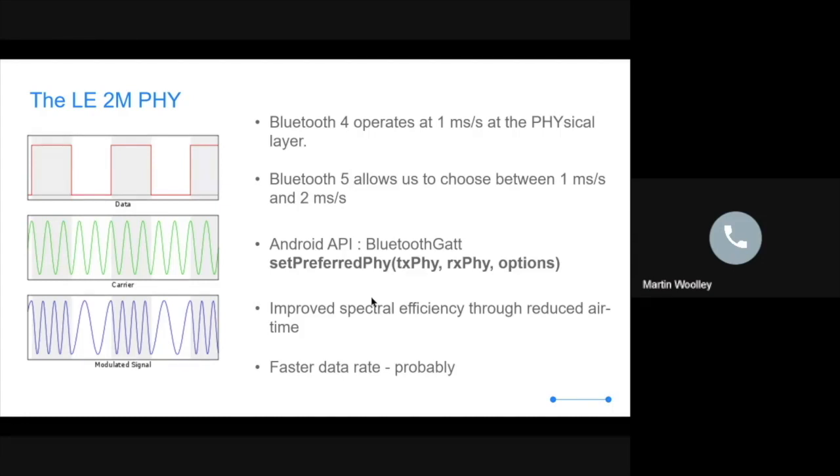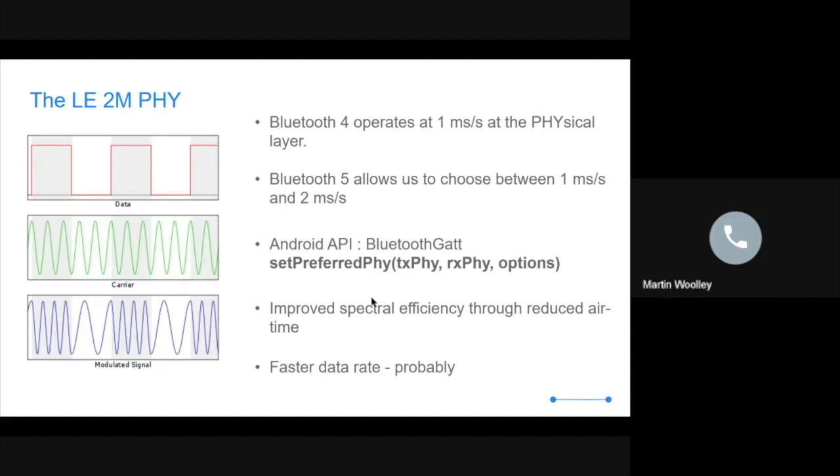The benefit instead will be something we call spectral efficiency, because you're not using radio spectrum for as long. You're using it for half the time, so that's a great scalability benefit for situations where there are large numbers of devices communicating in the same area.